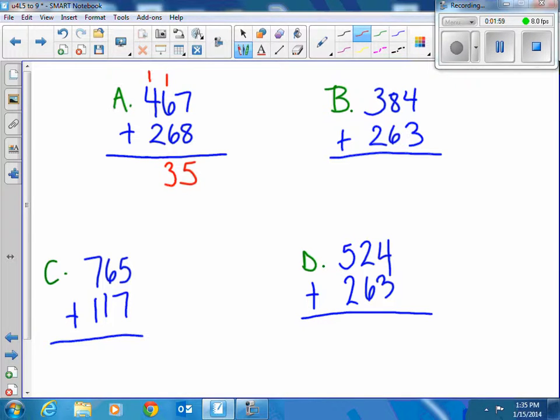I put my 3 down, carry the 1 to the next place. 4 plus 2 is, that's right, 6 plus the 1 is, that's right, 7. So our total, or our sum, remember the answer to an addition problem is called a sum, is 735.